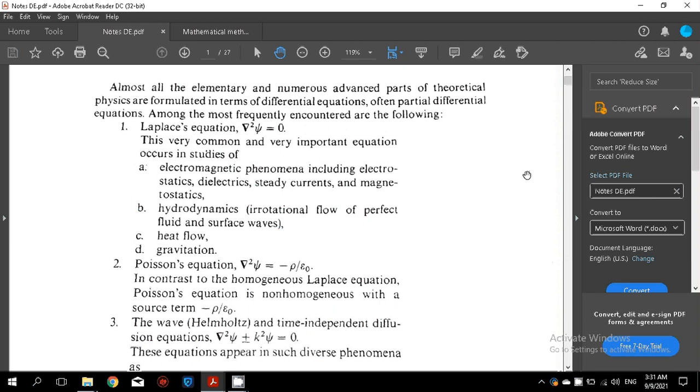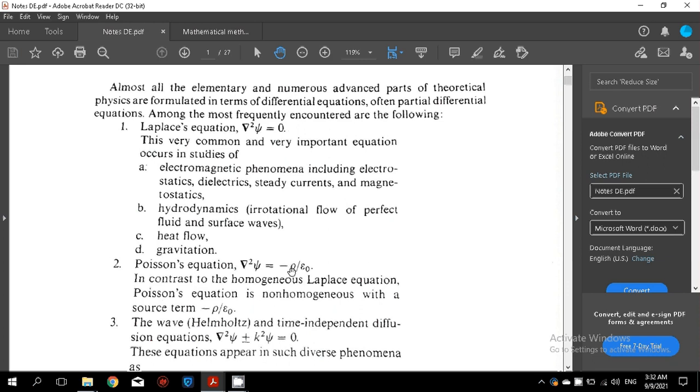D, gravitation. Number two is the Poisson's equation, which is del square psi is equal to minus rho over epsilon naught. The Laplace equation, which is the above equation, is in fact the homogeneous differential equation, because the right hand side is 0 and there is no source function.